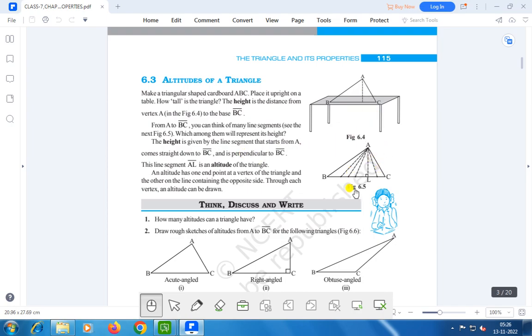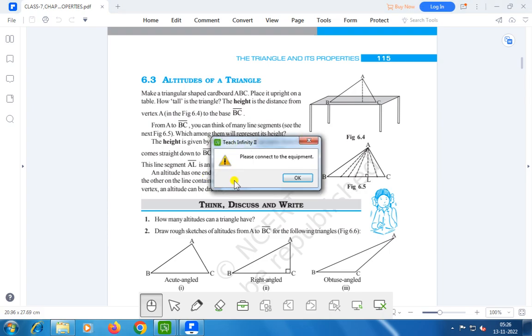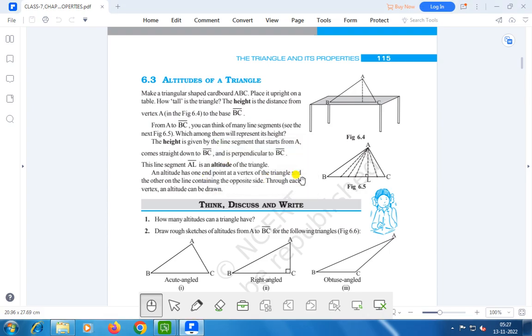The height, right? Height means perpendicular distance. And an altitude has one end at a vertex of the triangle and the other on the line containing the opposite side. That means this side AL is always perpendicular to BC, right? You remember this one, and this height is the height of the triangle, and that is known as the altitude of the triangle, right?